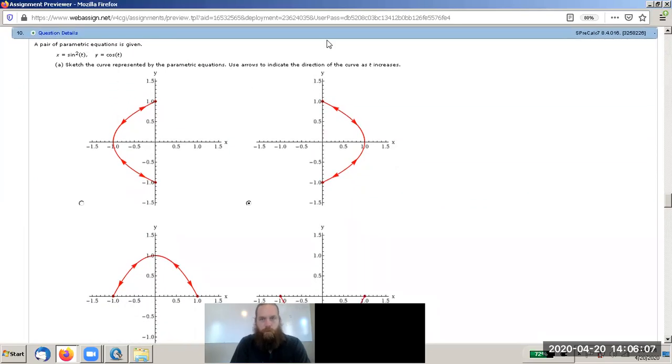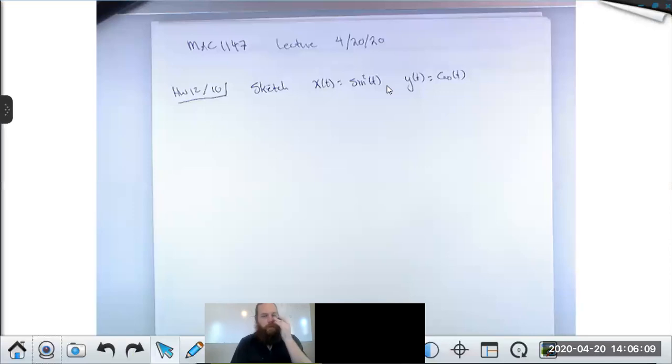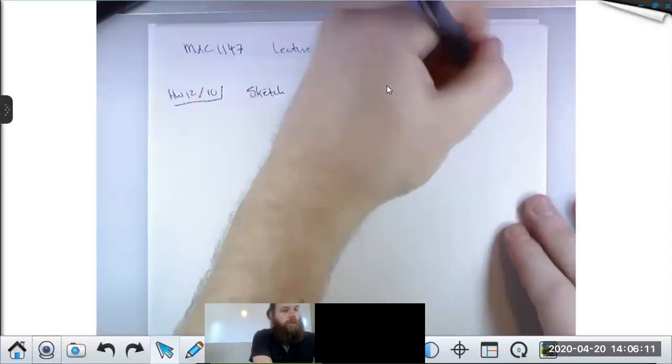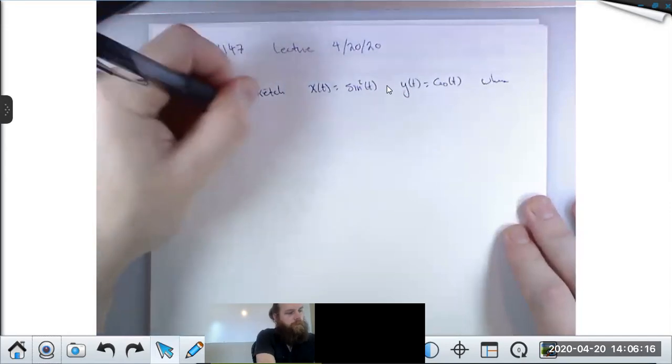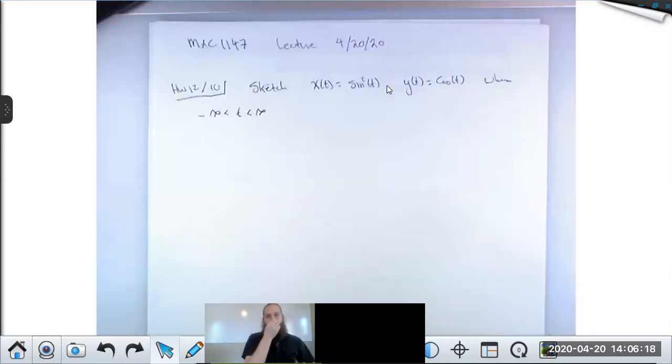No, maybe they don't indicate here. No, okay, so we're allowed to let t run through all real numbers, where negative infinity is less than t is less than infinity. If it's not explicitly restricted, then you can assume that the parameter is allowed to run over all real numbers. The question here, I don't want to make a table, right? I could make a table of values.